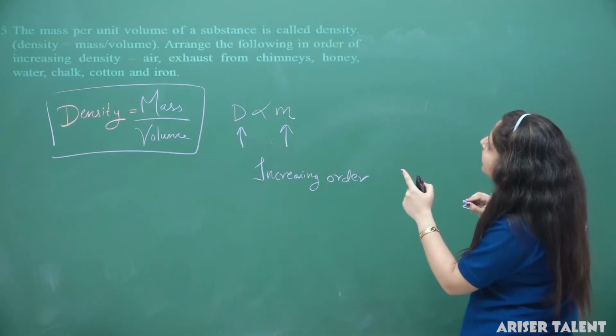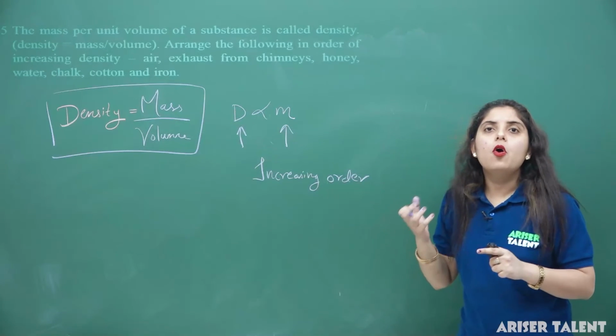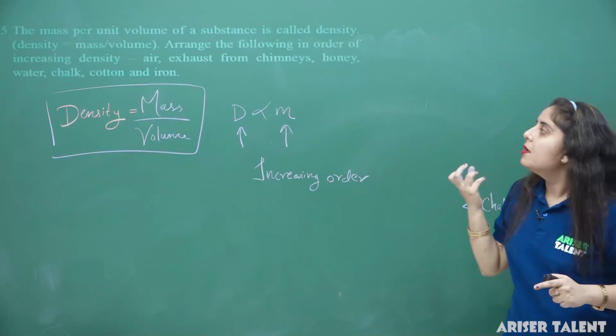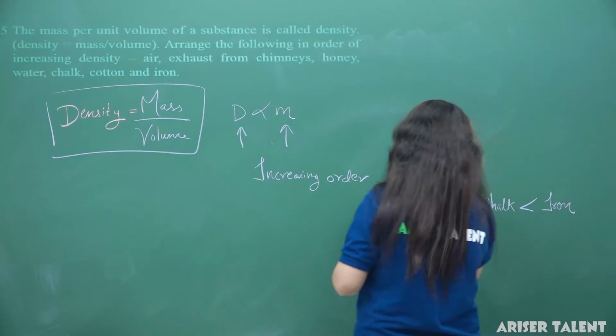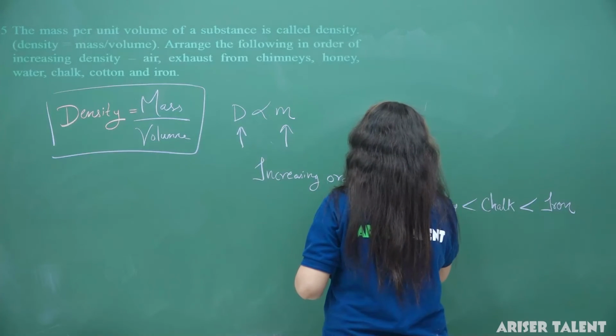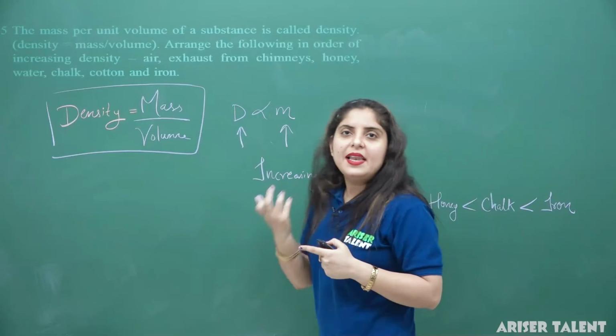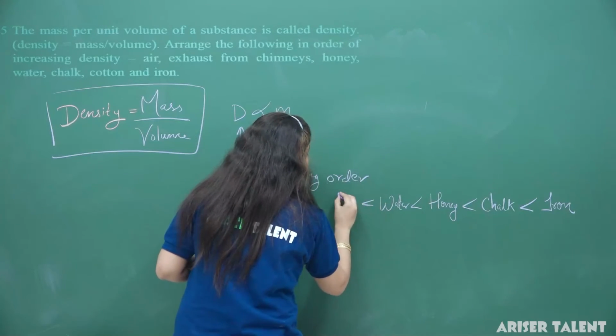Now we come to honey, water and cotton. Among these three, honey will have the largest density, then water. Cotton has less weight, so cotton is less dense.